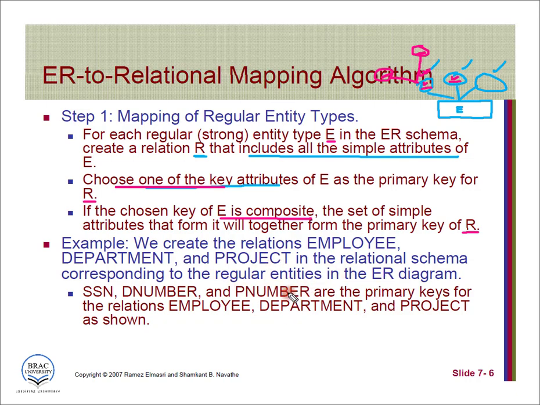We will see the examples later, but for now let us learn the rules. The first rule is you have to convert each strong entity into a relation, and when creating a new relation, you will make one of the unique attributes of this entity the primary key in the corresponding relation.